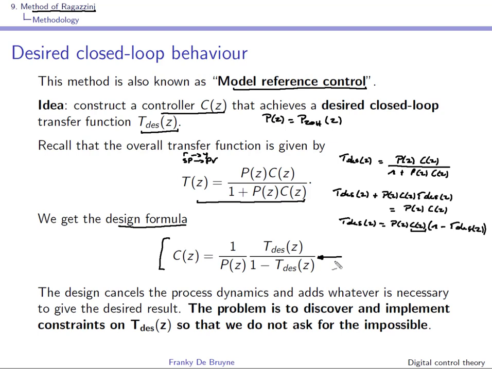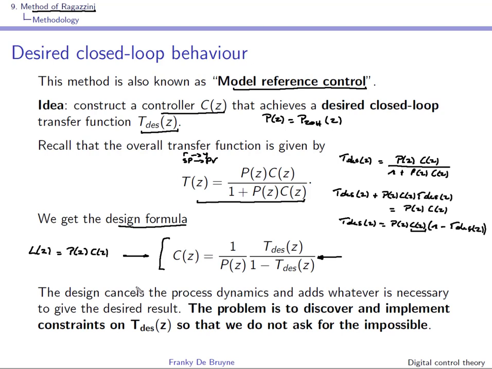So the idea is very simple. You choose a desired closed loop transfer function, and you're given the process, and by this design formula you obtain the controller. But of course it's a bit more difficult than that, because if you look at the loop gain, P times this controller that we designed, you can see that the process dynamics are cancelled.